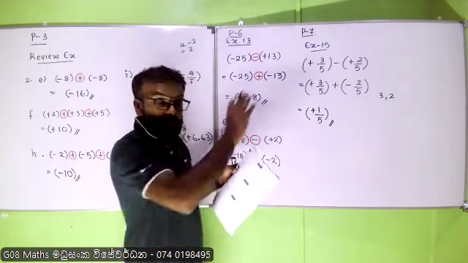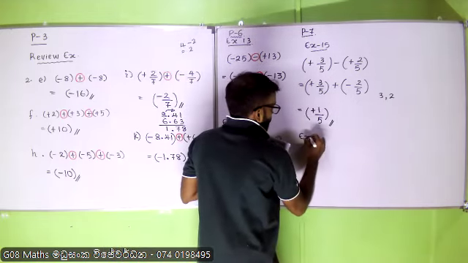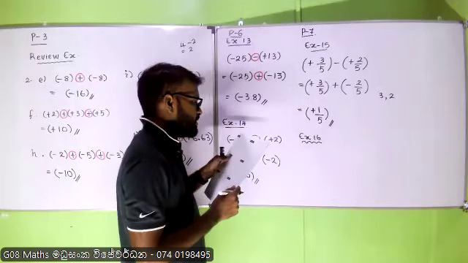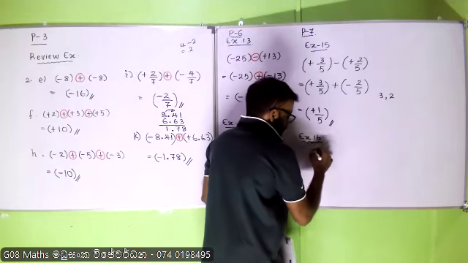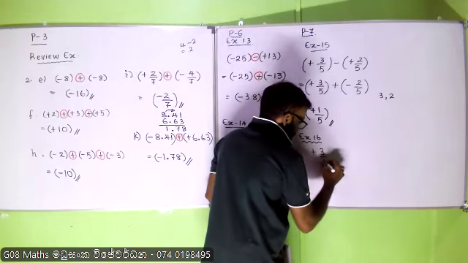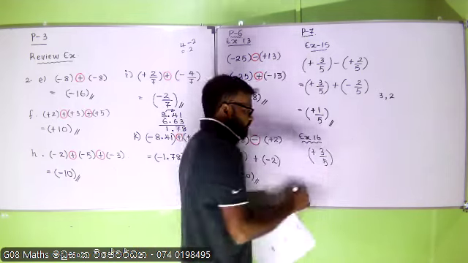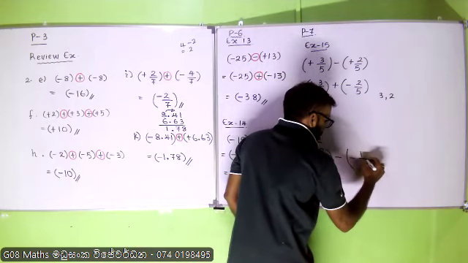Example number 16, the next one. Same thing. Positive 3 upon 5, subtract negative 1 upon 5.